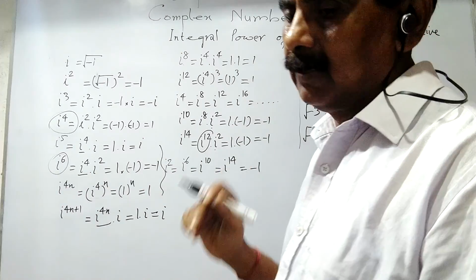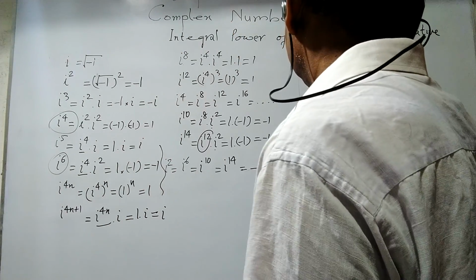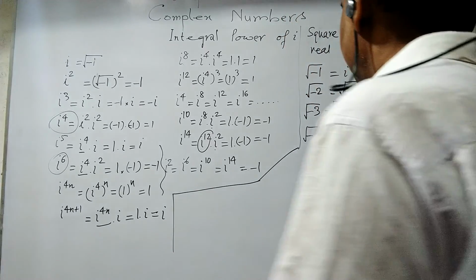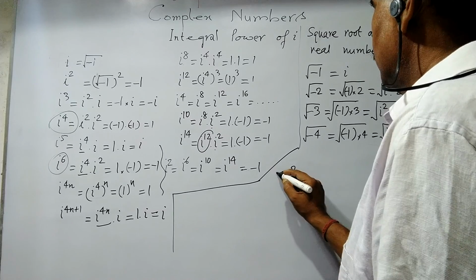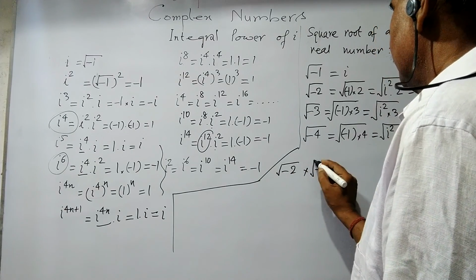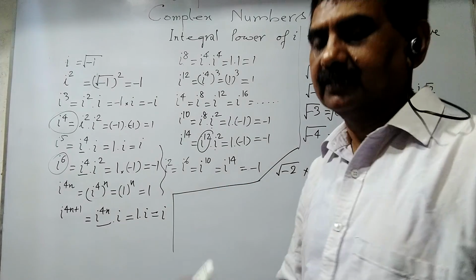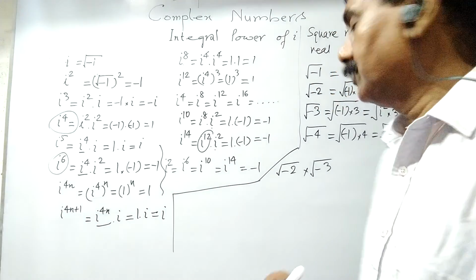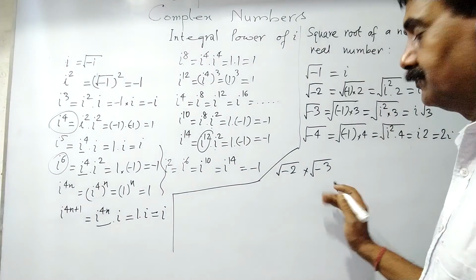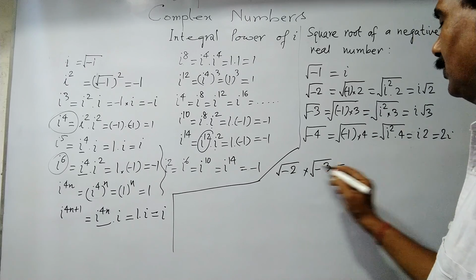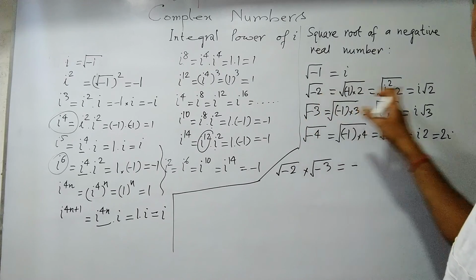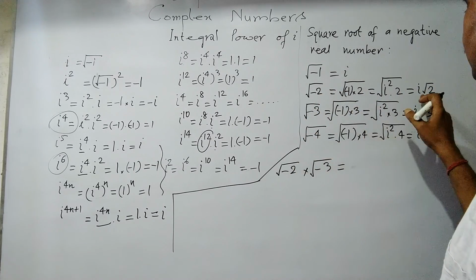Like this. But here suppose we are concerned with multiplying root under minus 2 into root under minus 3. Suppose we are interested in multiplying these two. Then what will be the value of this? Let us see. We are going to write this minus 2 here. We can take the direct value.